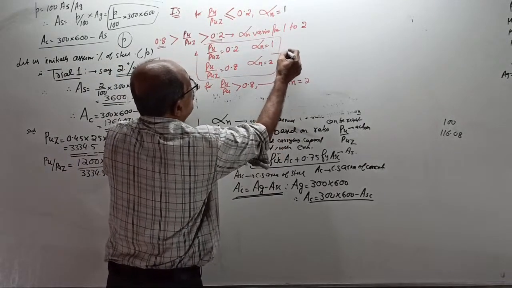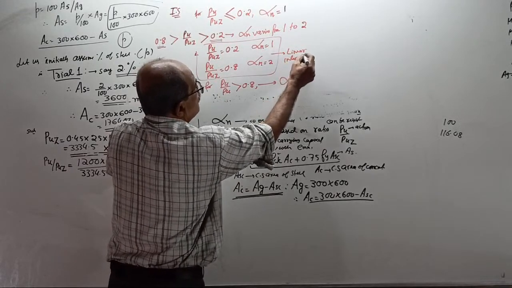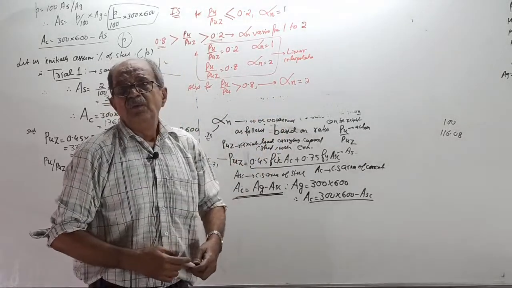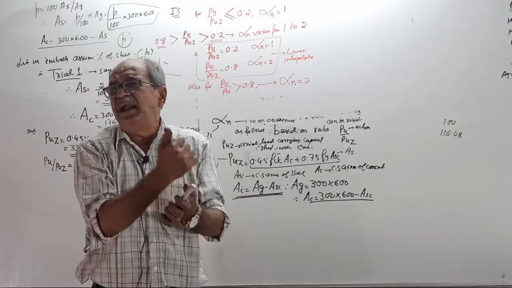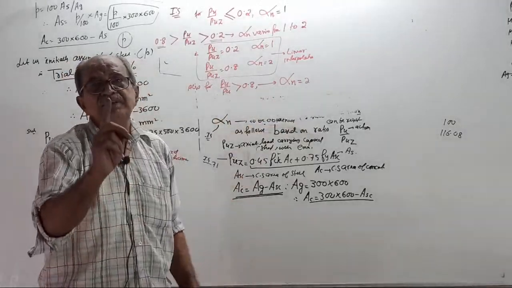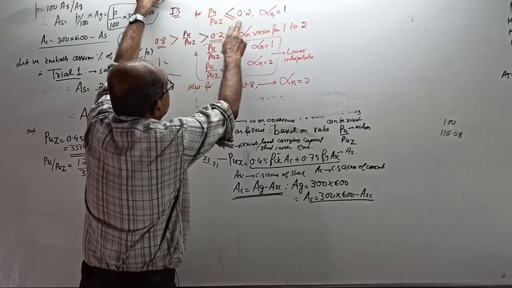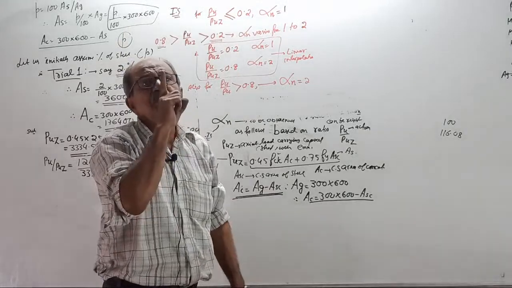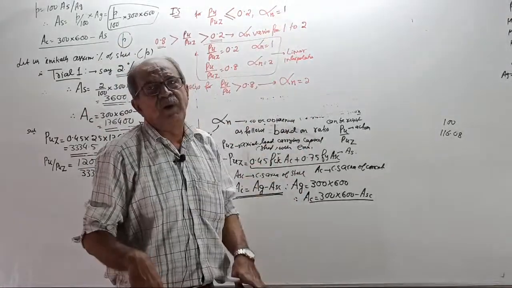Here you go for linear interpolation. Remember, in my YouTube channel, Mathematical Tricks class number 3, I completely covered linear interpolation. I will not explain once again in this class. If you get PU by PUZ less than 0.2 or even equal to 0.2, then keep quiet, directly take alpha n equal to 1.